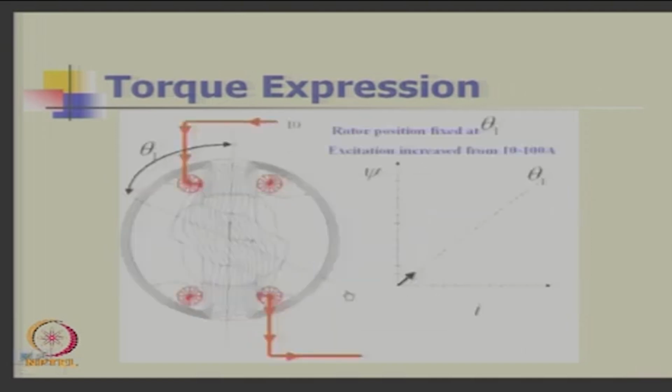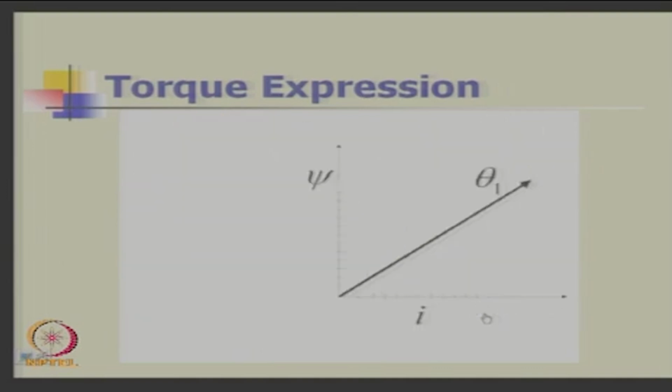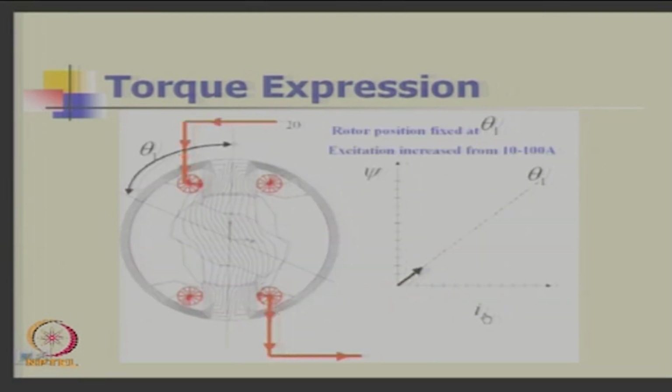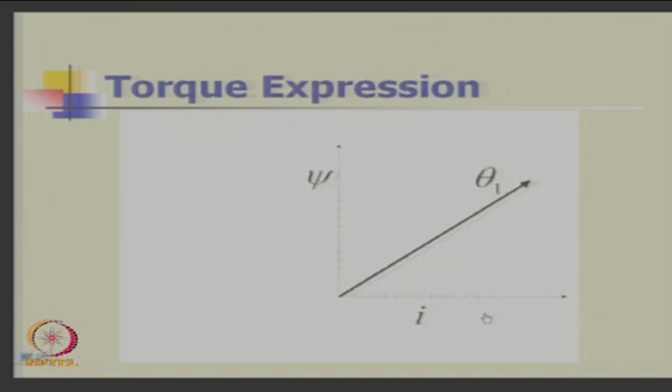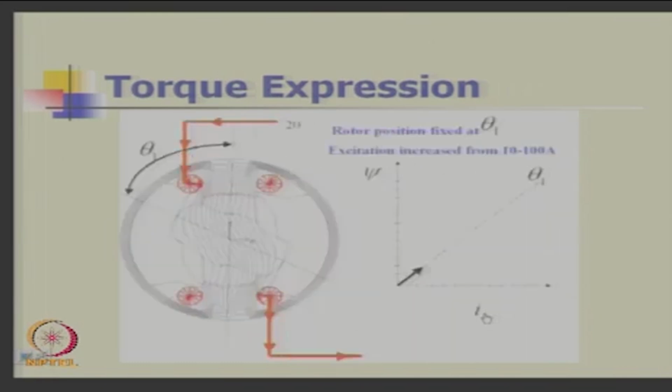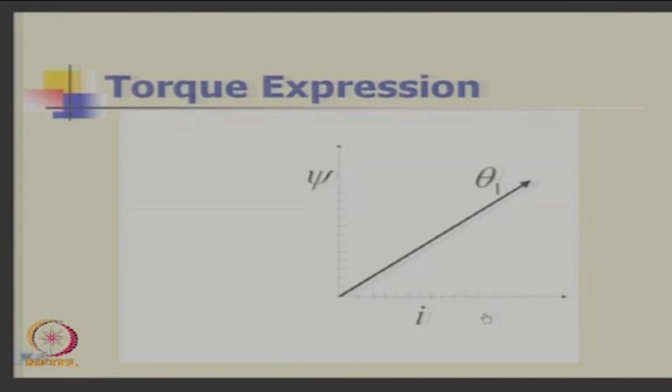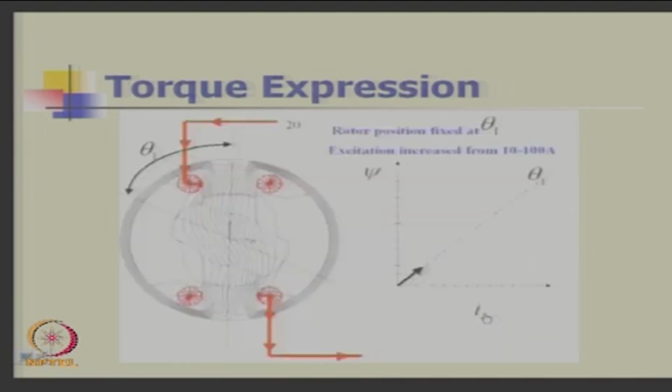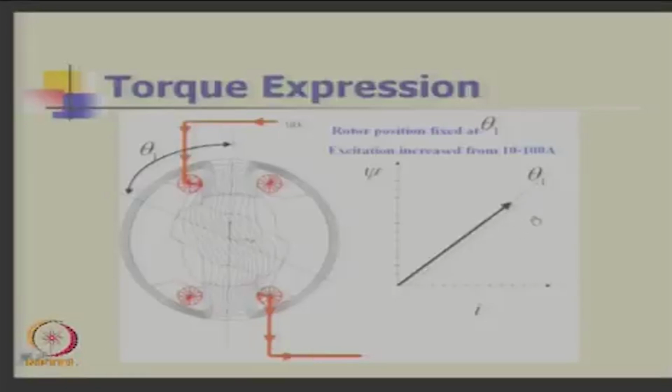Is it clear? Anybody have a doubt on this? I have fixed theta, the rotor is fixed at a position theta, I am only changing the current in the stator. As the current in the stator increases, the flux increases, but it is increasing linearly because in the unaligned position there is more air than iron. So, it is more linear here.